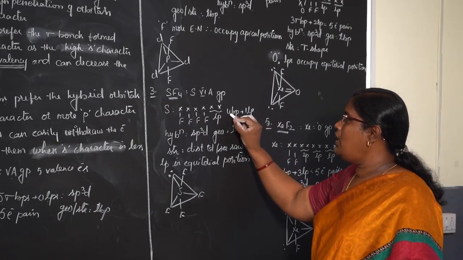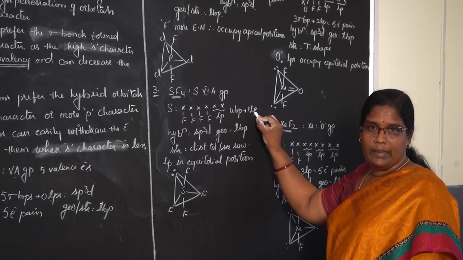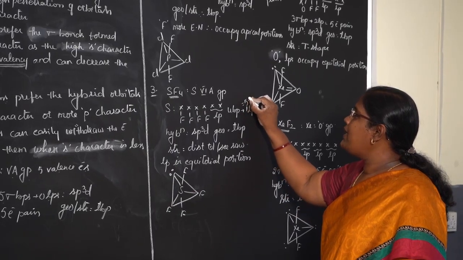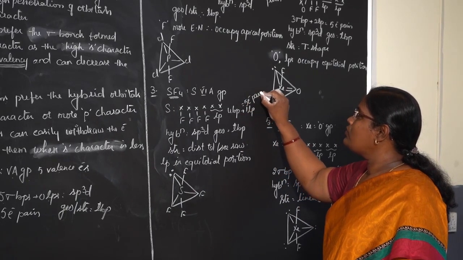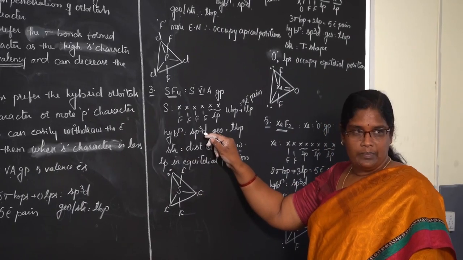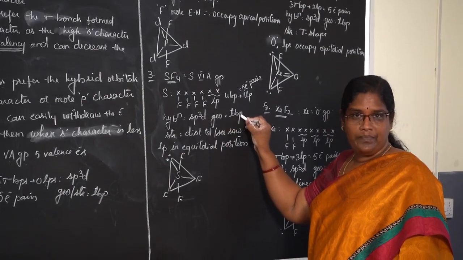So in this molecule, we have 4 bonded pairs plus 1 lone pair. On the whole, total electron pairs are 5. Hybridization is sp3d. Geometry, trigonal bipyramid.